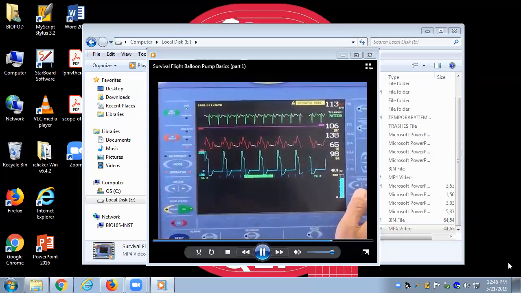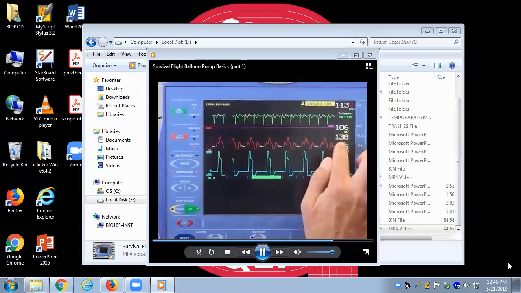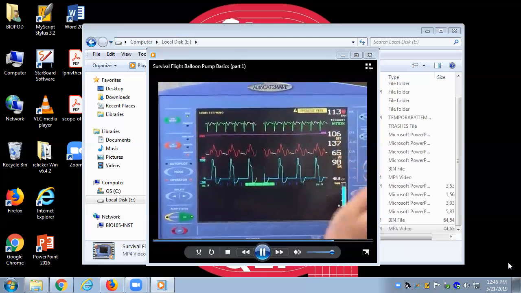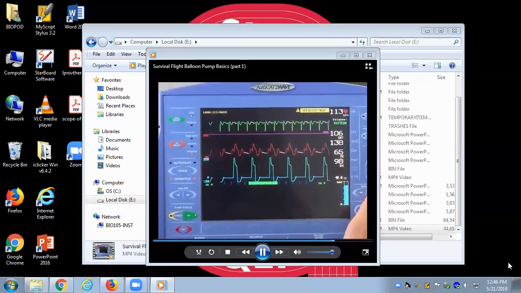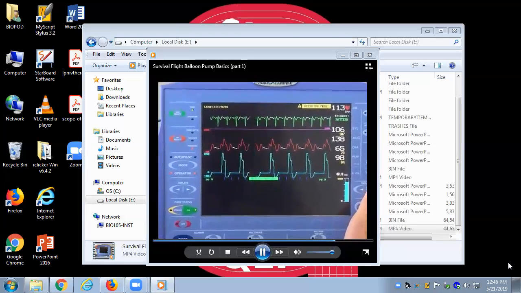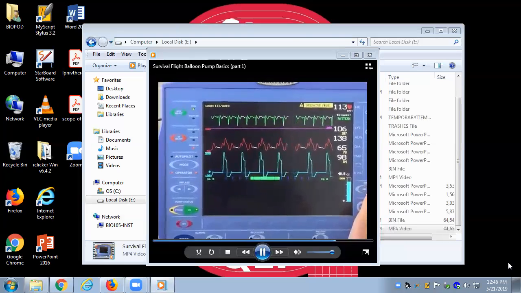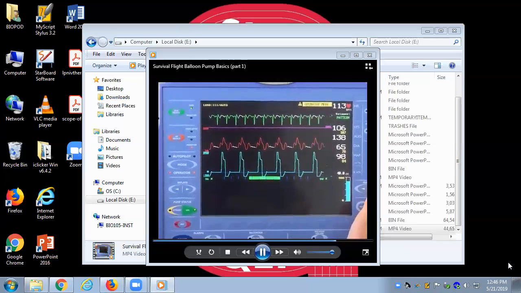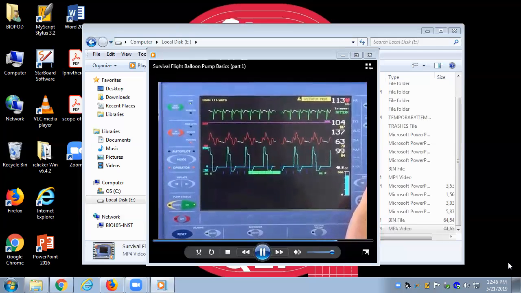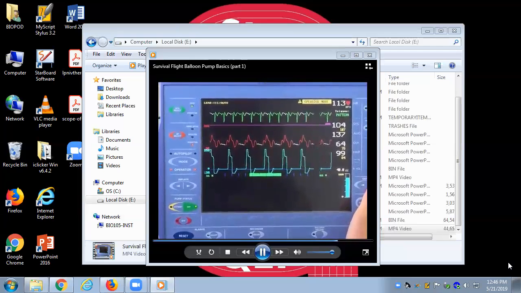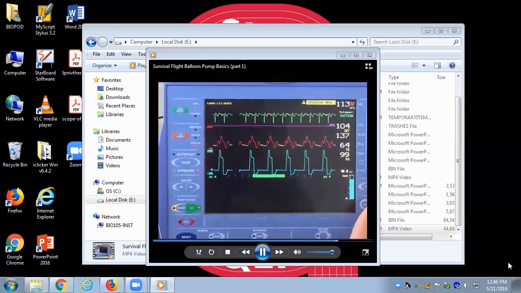It looks like I'm about at the dicrotic notch, and it looks like I've got really good augmentation. I've got a decent blood pressure, 106/65 with an augmented pressure of 137. And my deflation, I'm going to try to prolong a little bit and do it right before the next systolic beat, if I can, to optimize my inflation and deflation.